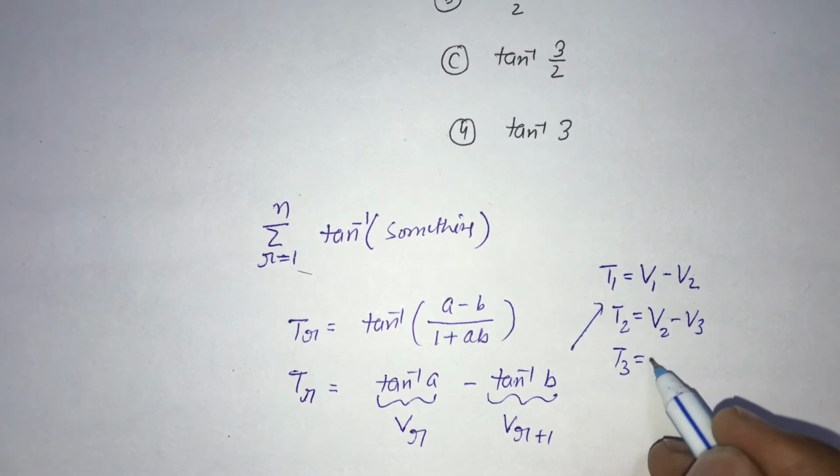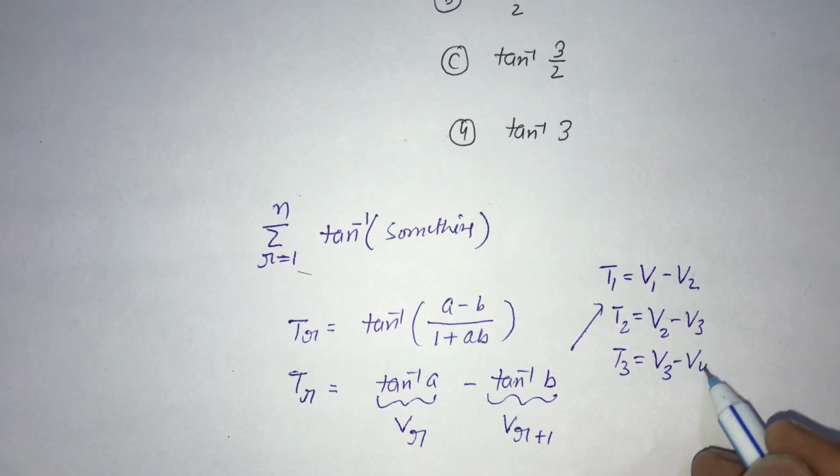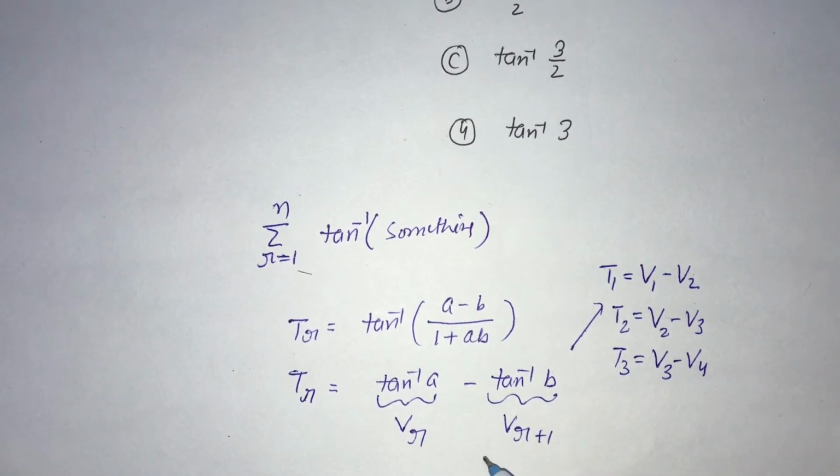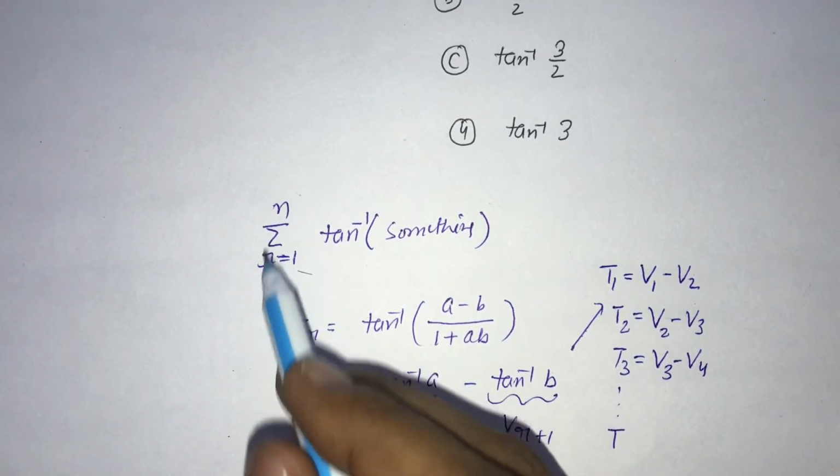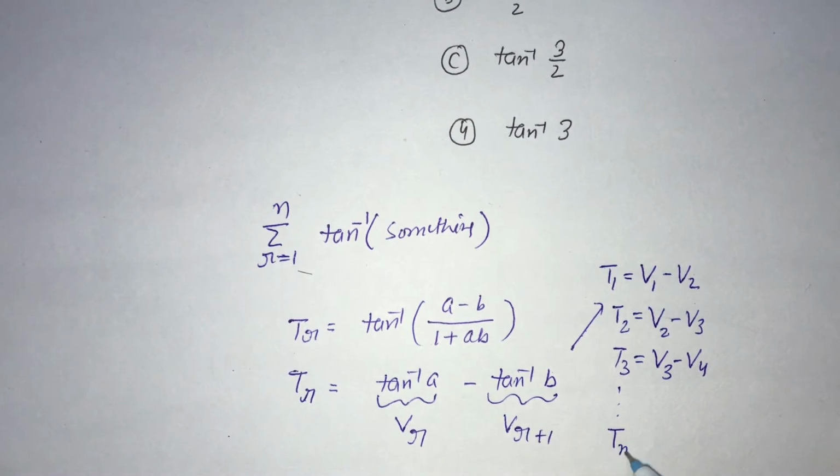T3 will come out to be v3 minus v4, and so on. If you put r equals n, because I want r equals 1 to n, then I will get the nth term, tn, which would come out to be vn minus vn plus 1.